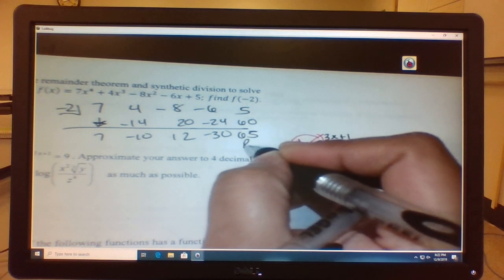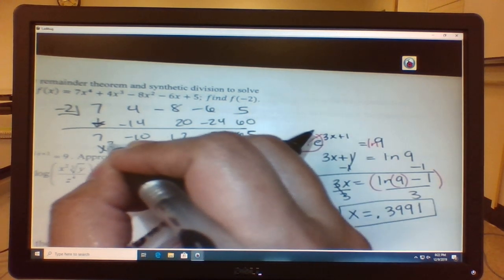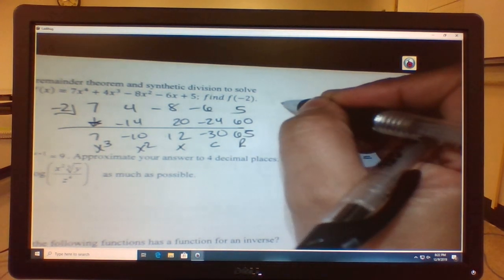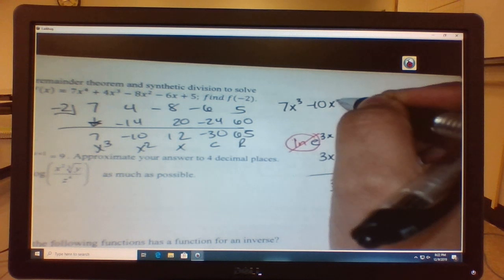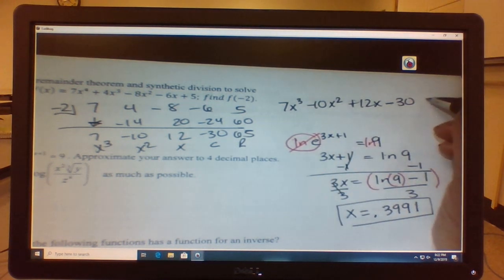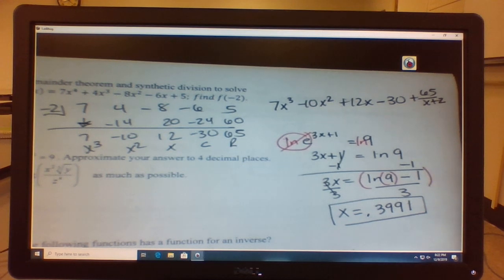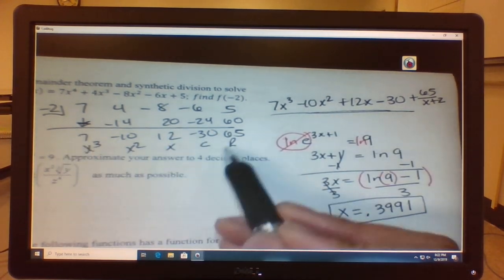Remember, this is your remainder, constant, x, x squared, x cubed. They may ask for the entire answer, 7x cubed minus 10x squared plus 12x minus 30, with, they might give it to you as a fraction. They might just say R is 65. I'm not sure, but if they show you this, please remember it comes from the bottom.